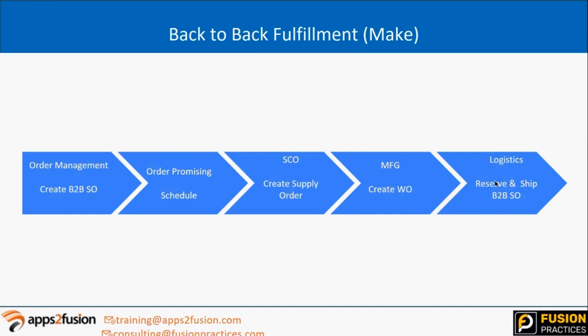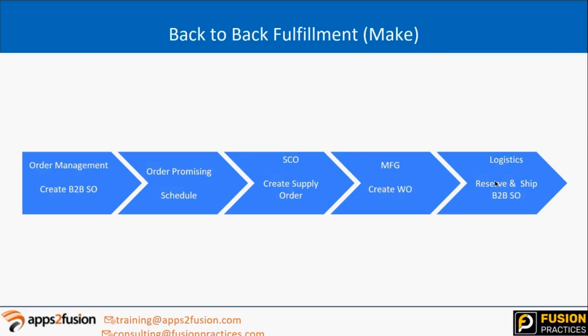In EBS also, when you have ATO order processing and you create the work order as ATO, it creates the reservation against that work order and tells you that the work order is in process.